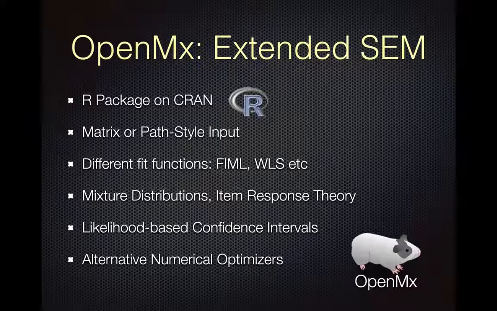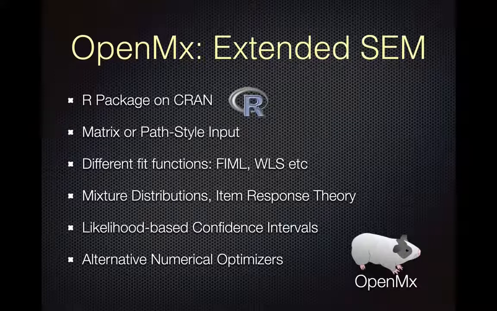So we'll change the parameter values and try to get the predicted variances and covariances to be a really good match for the observed variances and covariances. OpenMX was the successor to my standalone MX software. We began developing it a bit over 12 years ago.